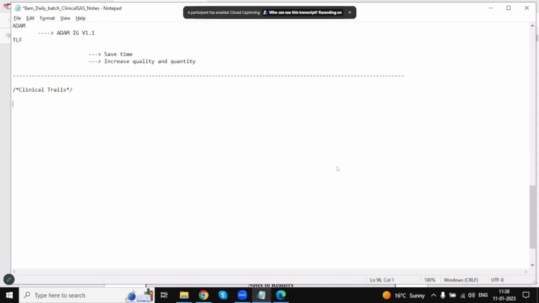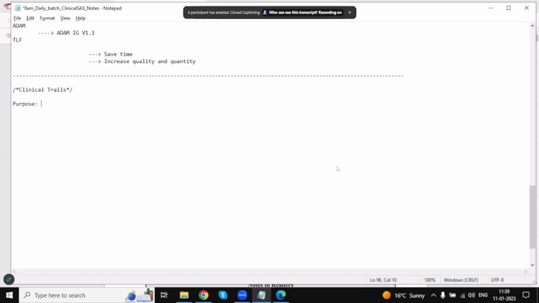What is the purpose of clinical trials? Why are you doing the clinical trials? Tell me. To check the efficiency of the particular product or medicine. Okay, not efficiency but efficacy.